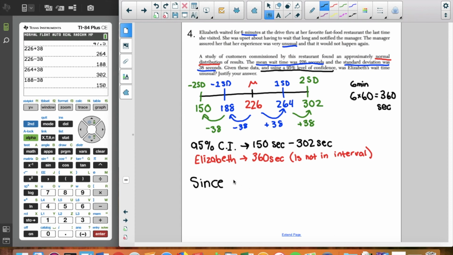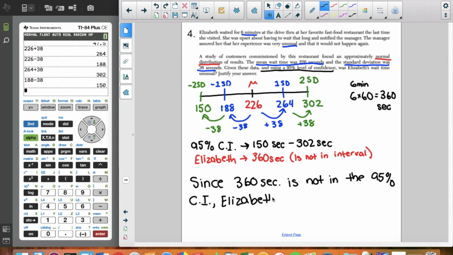So since 360 seconds is not in the 95% confidence interval, Elizabeth's wait time was unusual. Okay.